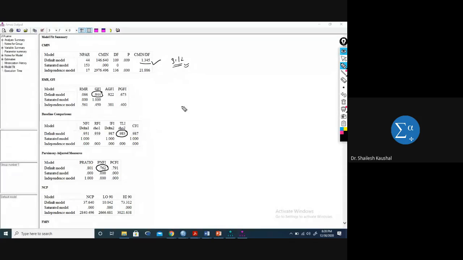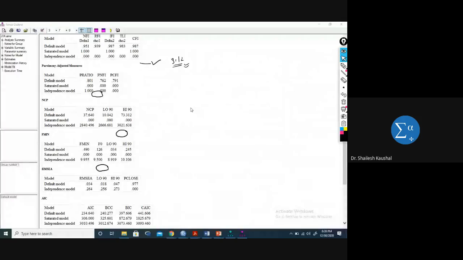Okay, and one more thing, that is the badness of fit indices. So what is the badness of fit indices? We will check RMSEA, the root mean square error of approximation. Here we can see it is less than 0.08. So in the first step there are two approaches.